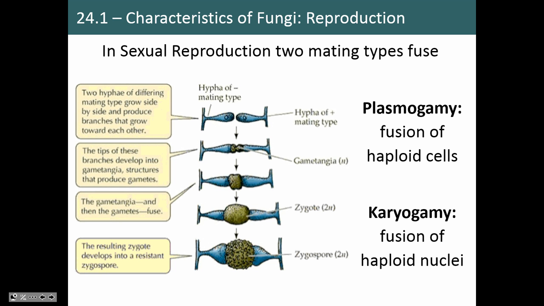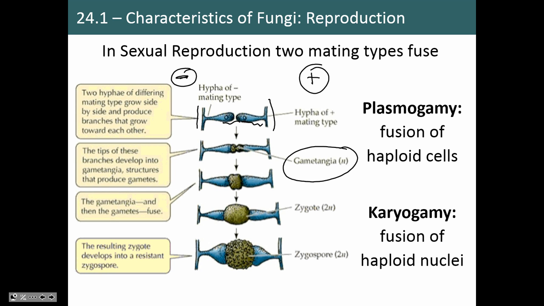And so here we have our hyphae of our two different mating types. So this is our minus mating type, and this is our plus mating type over here. And hyphae are growing along, and they come into contact with each other, and they touch. And when those little branches of hyphae touch, the tips develop into something known as the gametangia, like we talked about in plants, structures that produce gametes.